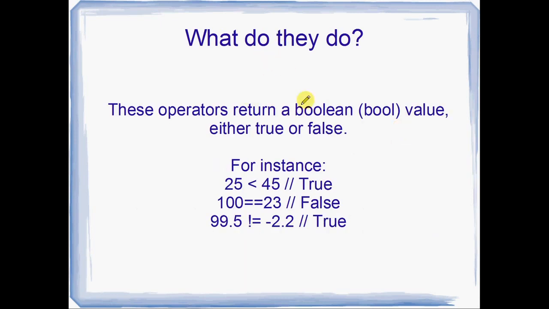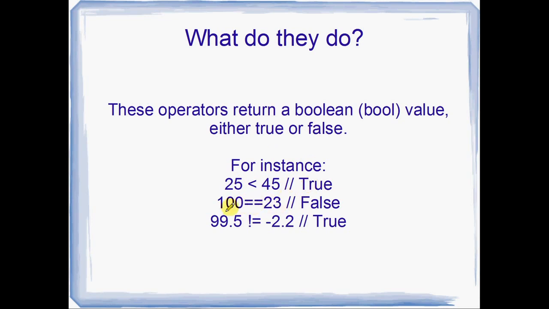Okay, so what do they do? All of these operators return a Boolean value, bool, either true or false, that is, yes or no. It actually returns 0 or some other value, but that evaluates to true or false. So for instance, we've got 25 less than 45. That's going to return true. 100 double equals 23.